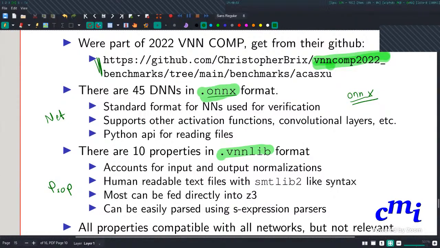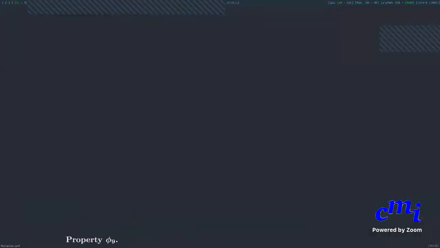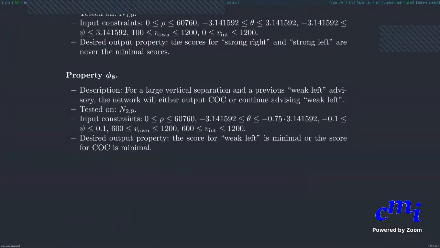They basically emulate the SMT-LIB2 standard for neural networks, and they are human readable. They have assert statements just like SMT-LIB2 files, and they look almost identical. So you can just download them and start looking at them, and you can see that they encode the properties that are listed in the paper. So these two things you can do.